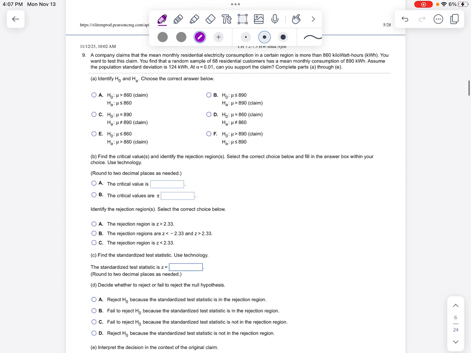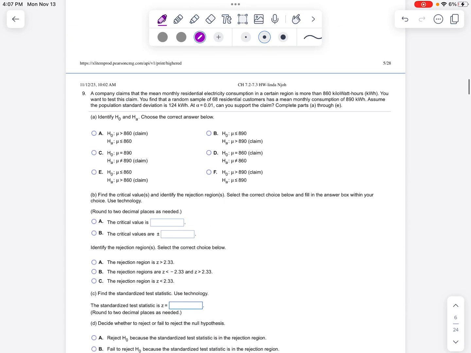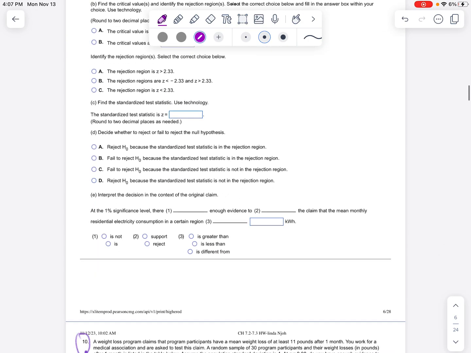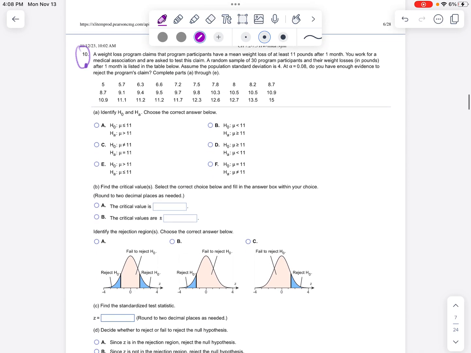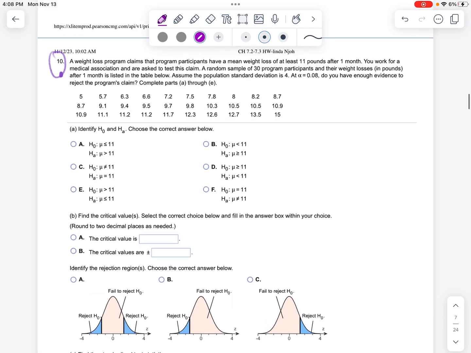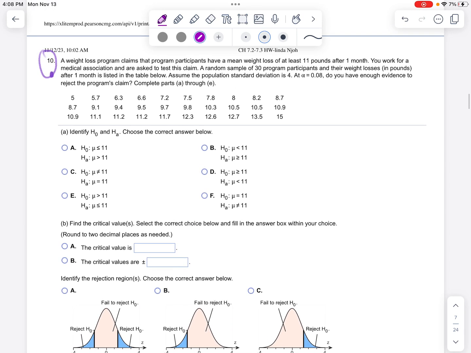All right, that's 8. You guys will do 9 on your own. Let's look at 10. 10 is the rejection region method, right? It's still data. So you're going to go to Stat Edit. Put this guy into, I have it in L2, right?